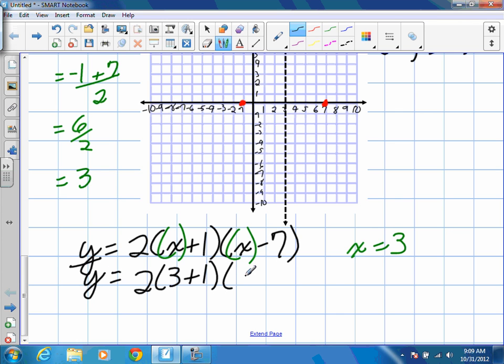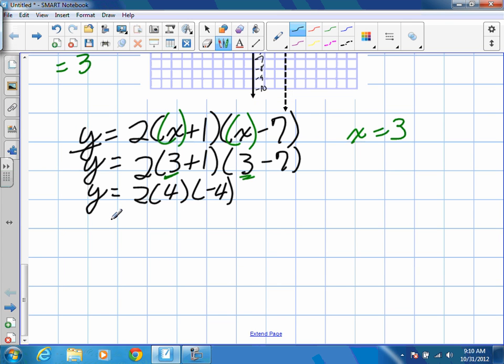Okay? We just replaced both x's with the value of 3. So, we solve brackets first. What's 3 plus 1? 4. And what's 3 minus 7? Negative 4. Good. 2 times 4 times negative 4? Negative 32. There you go.